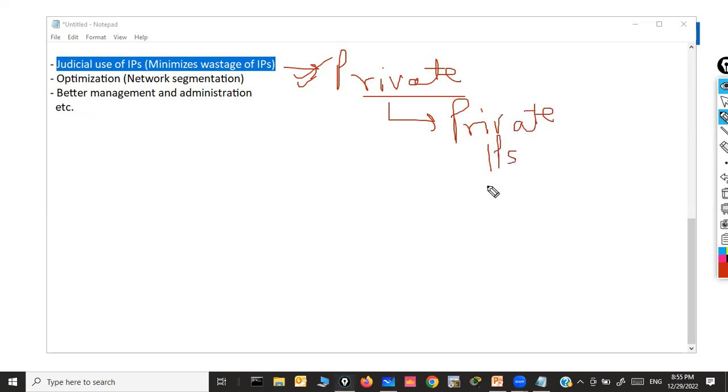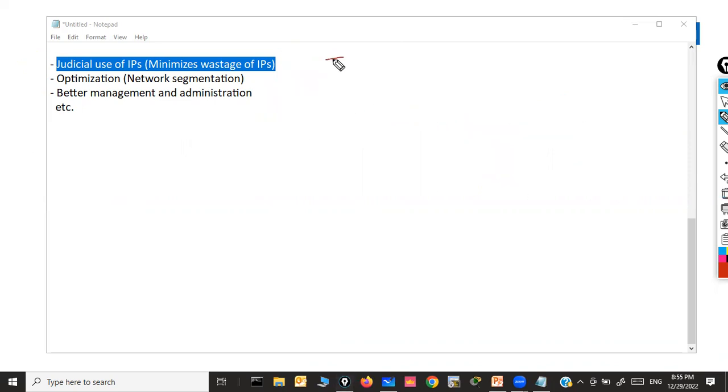We don't have to ask anyone. We don't have to obtain private IPs from internet authorities, right? And they need to be locally unique only. Private IPs need to be unique in that organization only. So of course, we don't care about this wastage and all that. But there are some other points also, right? Let's say you have a total of 500 computers, and you plan to design a single network of 500 computers, right?